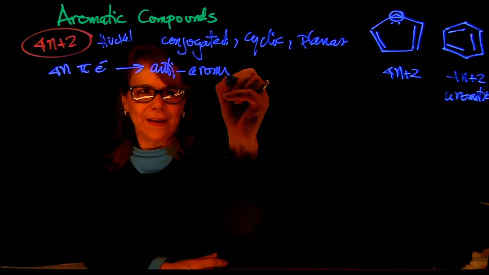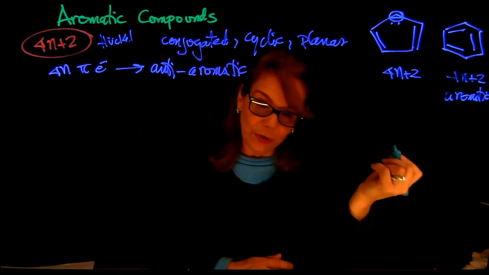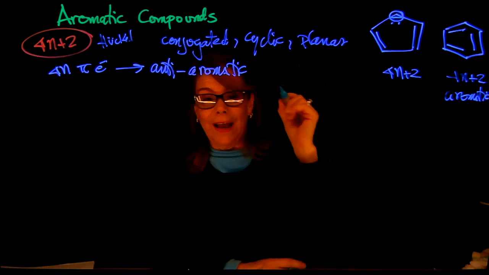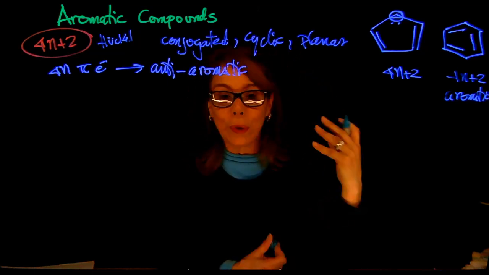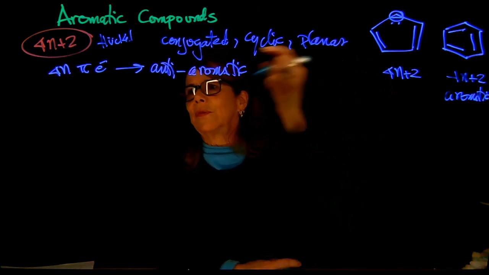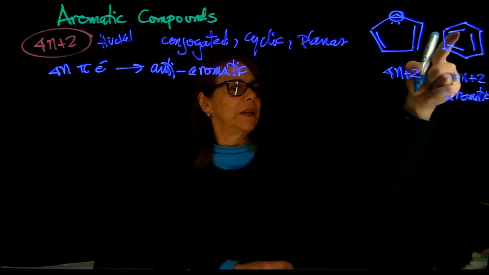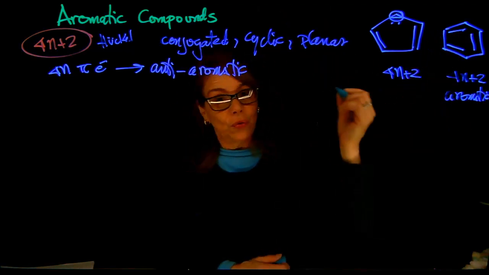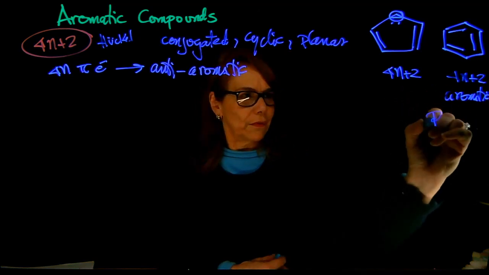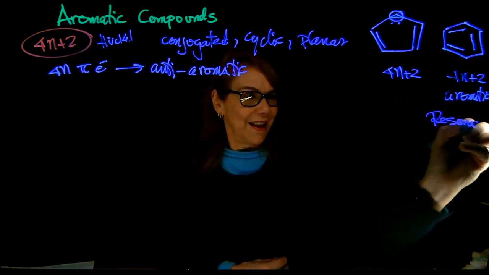We also learned in a previous video that aromatic compounds will have a resonance energy, and that we can calculate that. That compares the stability, for example, of a fully conjugated system to something that is not conjugated. We did that calculation of resonance energy.